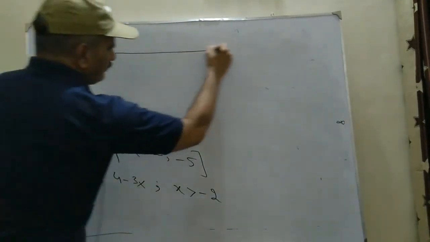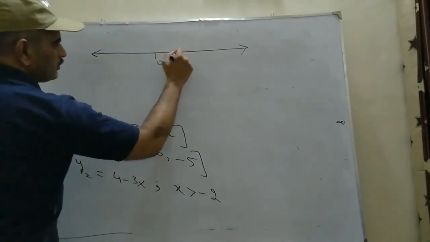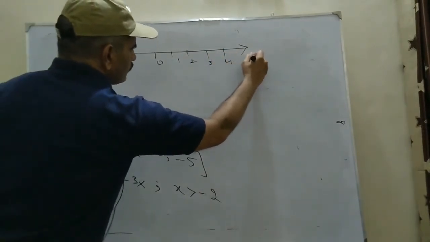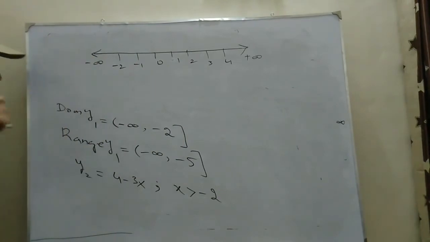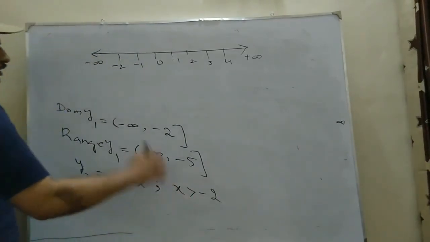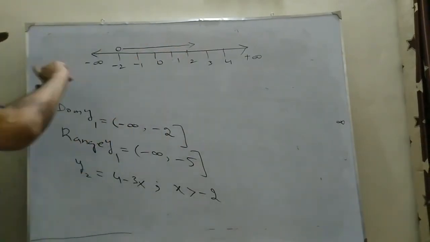That is our number line: 0, minus 1, plus 1, plus 2, plus 3, 4 up to infinity, and minus 1, minus 2 and minus infinity. As it is mentioned that x is greater than minus 2, you will move on this side.